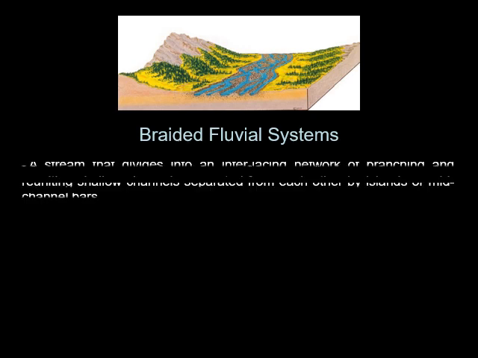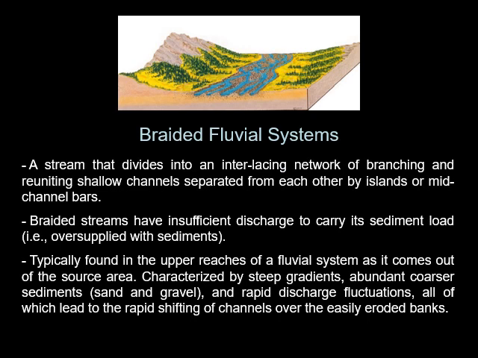Braided fluvial systems. An interlacing network of branching and reuniting shallow channels separated from each other by islands or mid-channel bars. They have normally insufficient discharge to carry their sediment load.